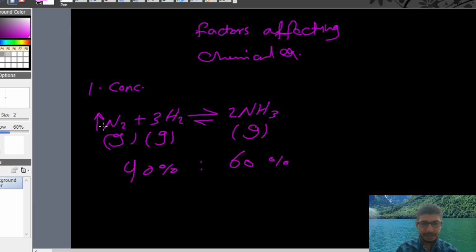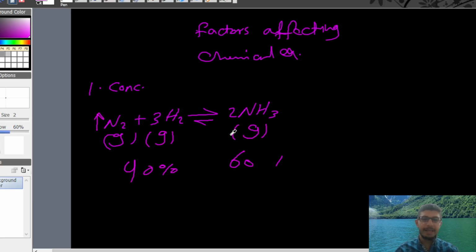The reactants will combine with each other to give back the products. So the percentage of the reactants will decrease, and in the meanwhile, the products percentage will increase. So it will maintain back the 40 and 60% again. I think you got me now.